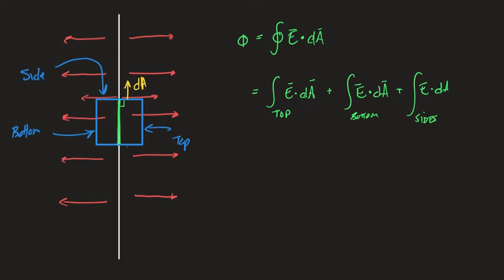Same with this side. Same with the side that faces us. In all of these cases, the area is perpendicular to the electric field. That makes their dot product 0. So all of these cancel out. No electric field passes through the sides.